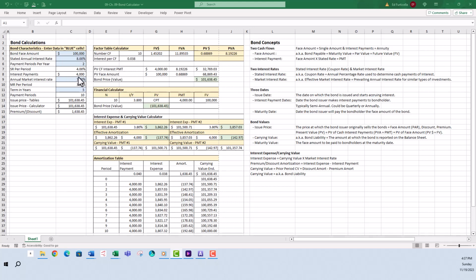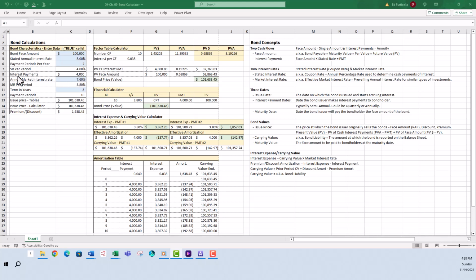We get the $4,000 by multiplying the $100,000 face amount by the stated rate per period. That's the purpose of the stated rate, to determine the cash interest payments every 6 months. Since the payments and the payment intervals are the same, the cash interest payments are an annuity.